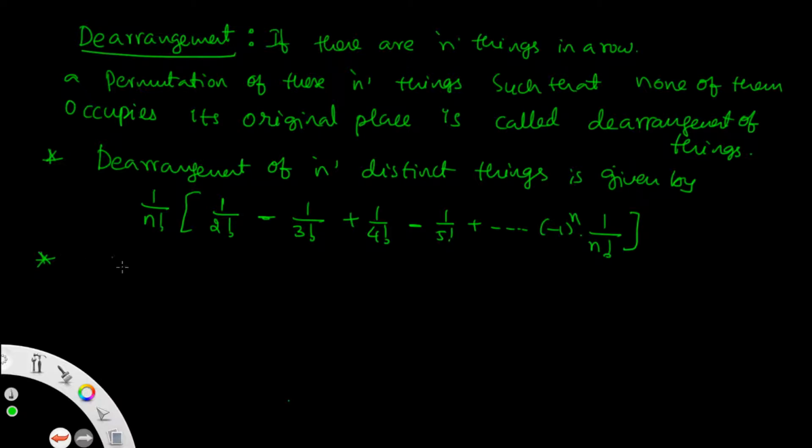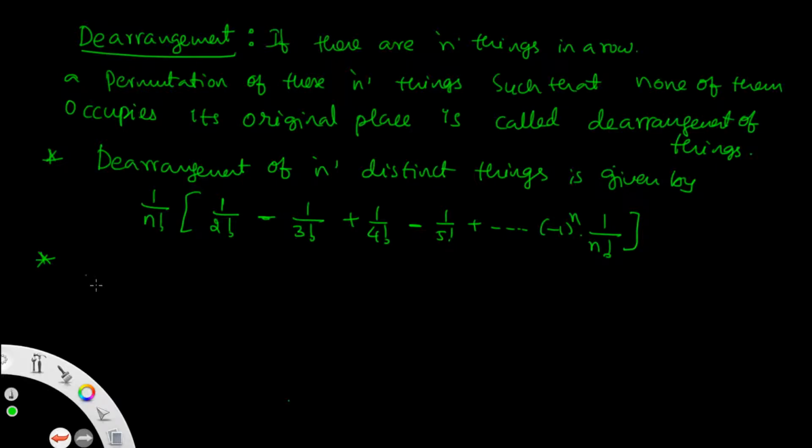If there are n letters in n addressed envelopes, then first, the number of ways the letters can be placed in the envelopes so that all the letters go to the correct address is only one way.